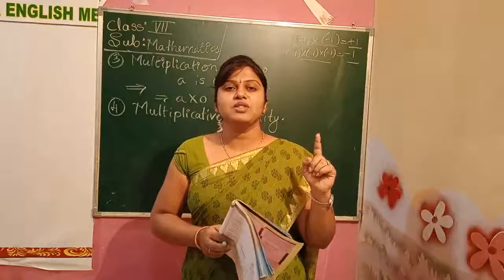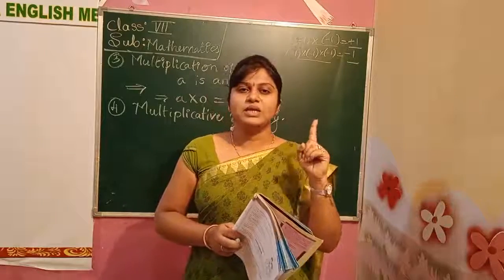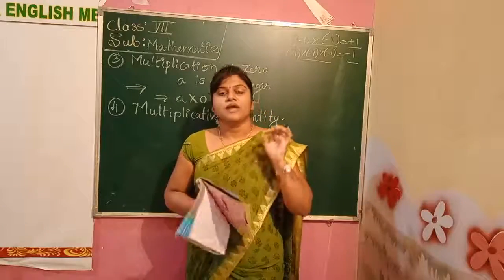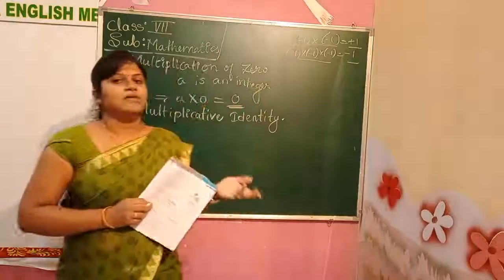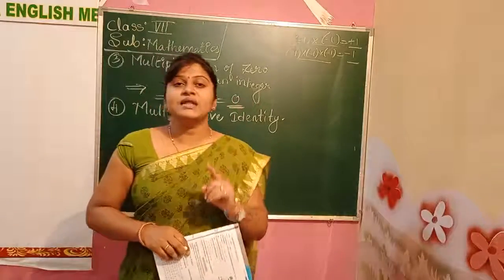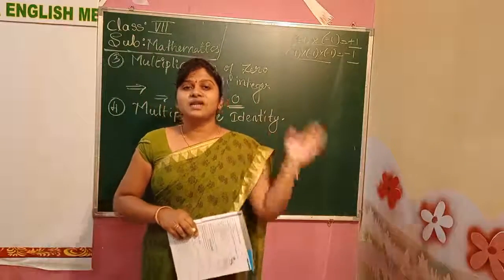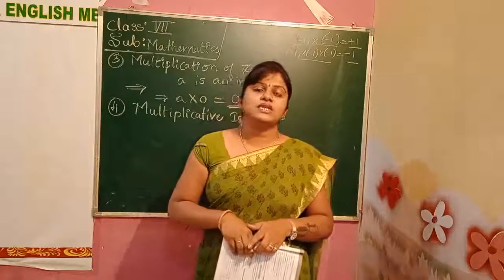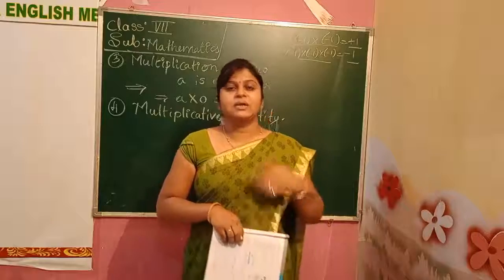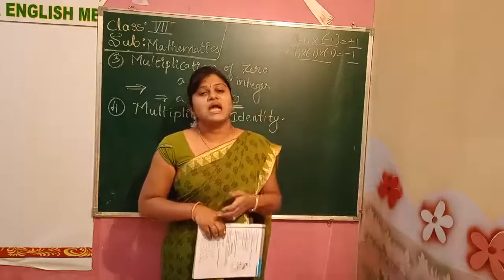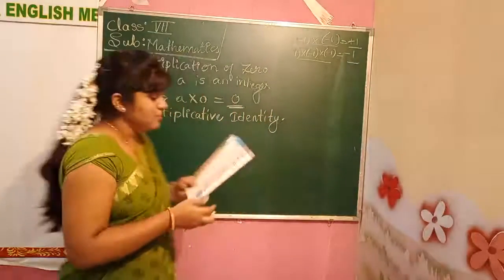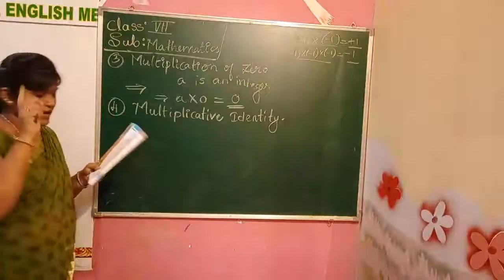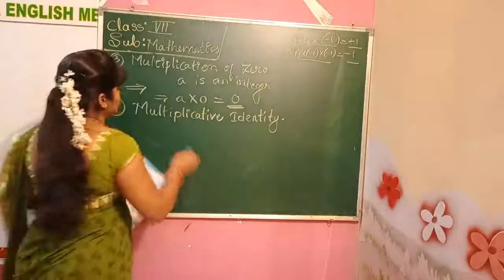Identity means what? 1. If we are multiplying any number with a 1, we get that number itself, that integer itself. That is called the multiplicative identity.